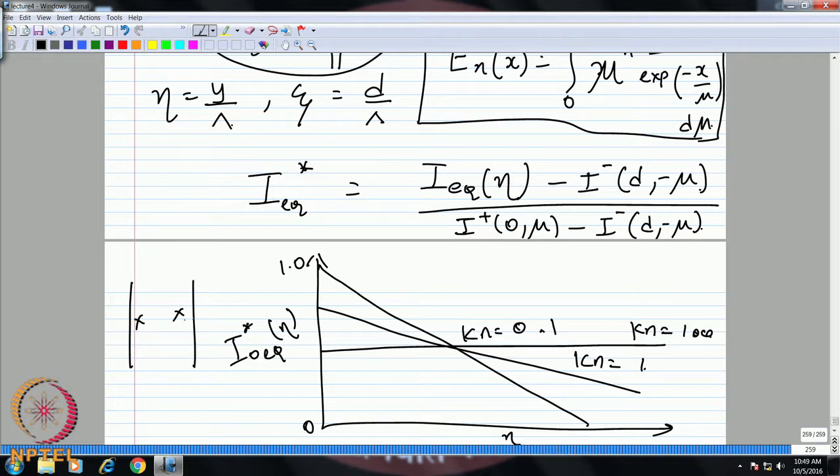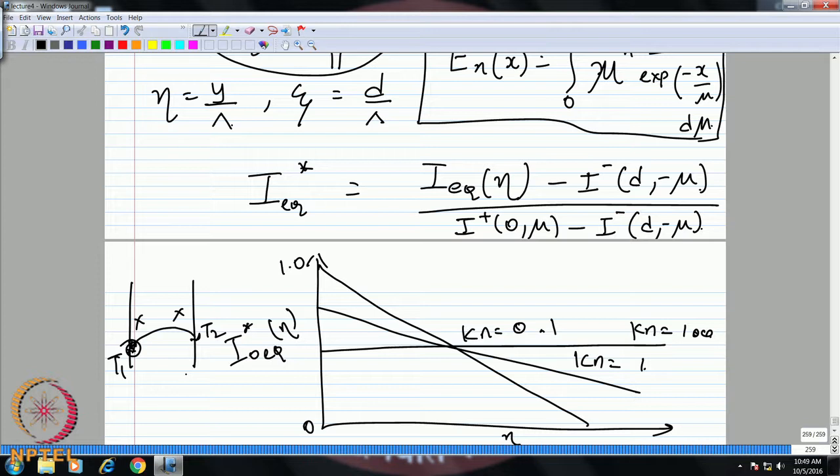Hardly do the phonons see each other. The phonon from this boundary will come and hit the other boundary. This is at temperature T1, this is at T2. So, it will come with an intensity corresponding to that temperature and directly land on the second surface.